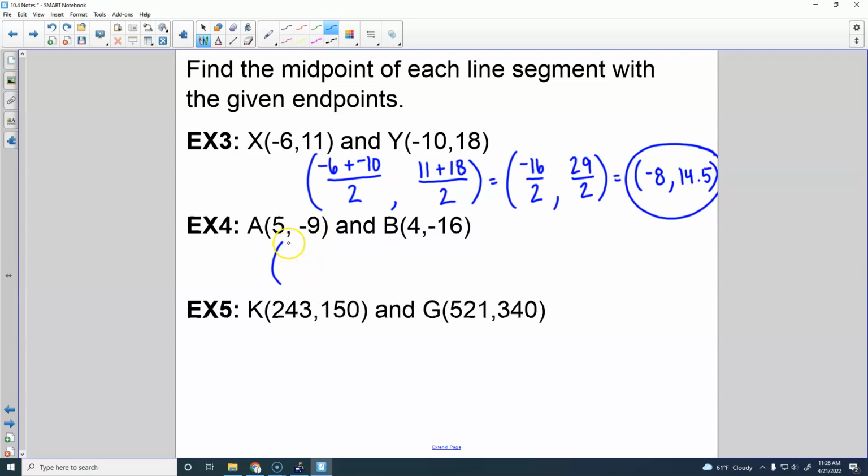Okay, and so that will look like this. 5 plus 4 over 2. And then what do I do for the second part? Okay, so negative 9 plus negative 16 over 2. When I do the 5 plus 4, what will I get, Vince?